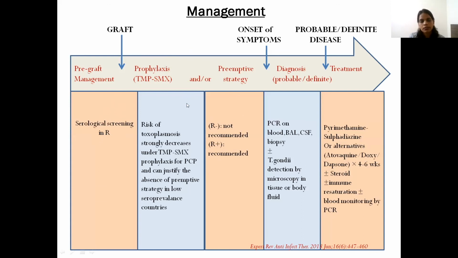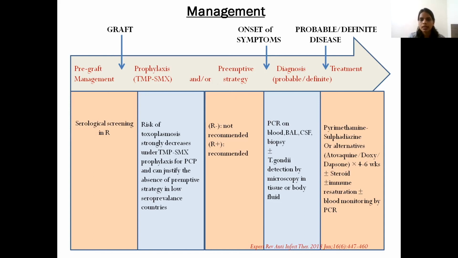Even after prophylaxis or preemptive therapy, when the patient shows symptoms of toxoplasmosis, it can be diagnosed as probable or definitive disease when Toxoplasma DNA is detectable by PCR in the blood, BAL, or CSF sample along with signs and symptoms.